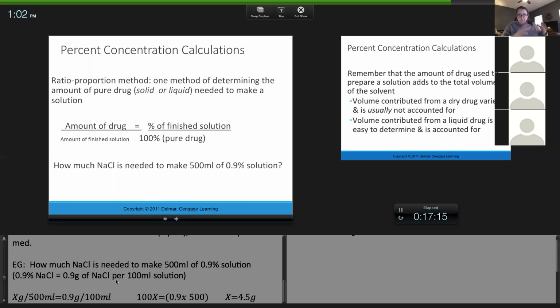Unfortunately on the computer it's not up and down here, but you would multiply 0.9 times 5, and you're going to get 4.5 grams. So you need 4.5 grams of NaCl to make a 500 mL solution of 0.9%.